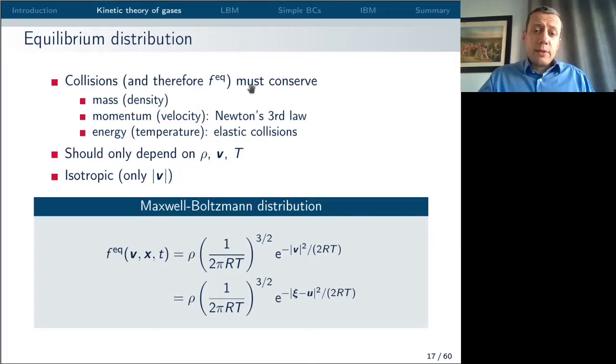The important bit is that any collision has to conserve mass. If you have a closed system and you have colliding molecules, the mass is of course conserved. Momentum is also conserved, unless you have some kind of momentum sink at the boundary of your system, like friction at the walls or whatever.